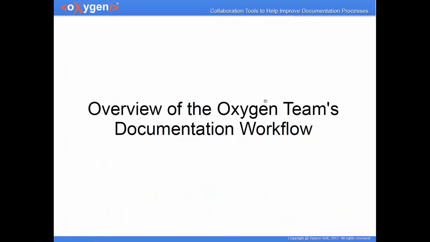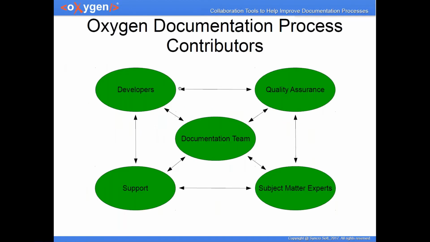I'll start with a quick overview of our documentation workflow. First off, these are more or less the types of contributors that are involved in our process. The developers, who are of course responsible for all the coding and implementation of improvements and new features.